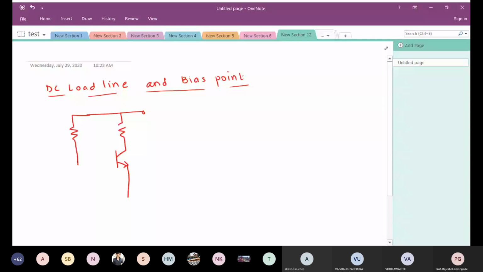We'll see why I'm doing this. This will be called RB. So naturally I'll be having a base current IB. This is your VCC, which is, let us say, 20 volts. This is RC, which is, let us say, 10 kiloohms.